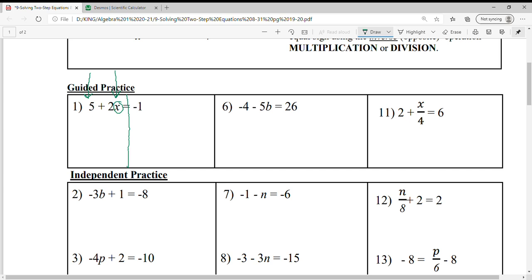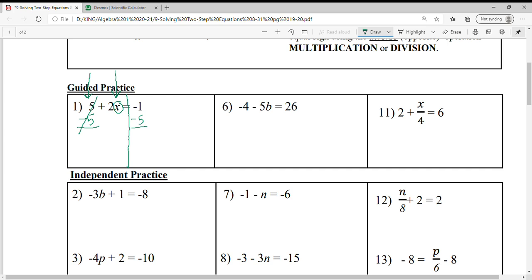So just like last week, when I have a 5 all by itself, how do I get rid of it? Well, I'm going to subtract 5. The reason I know to subtract 5 is 5 minus 5 gives me 0. They cancel out, and that's what I want. Then I'm going to come over here to the other side and subtract 5.